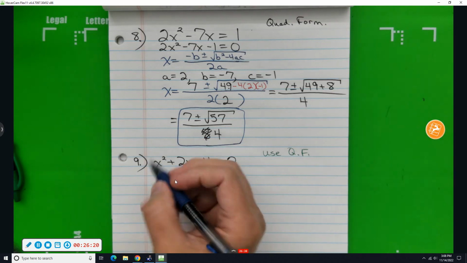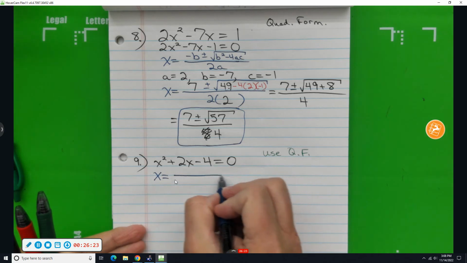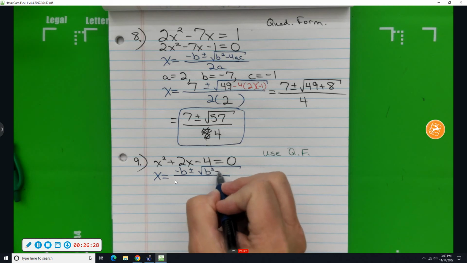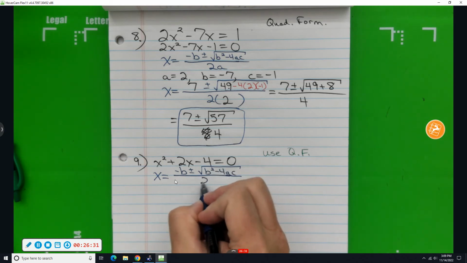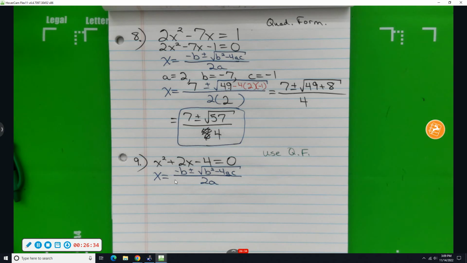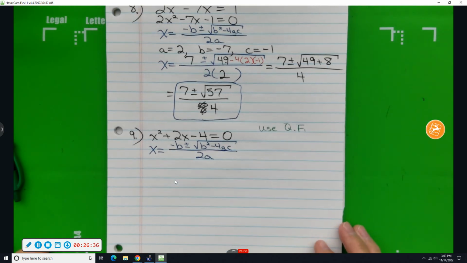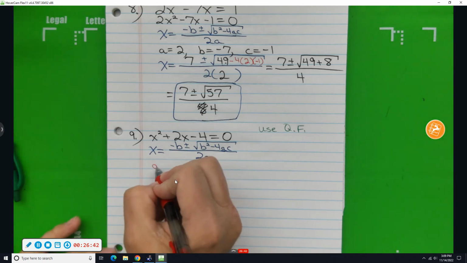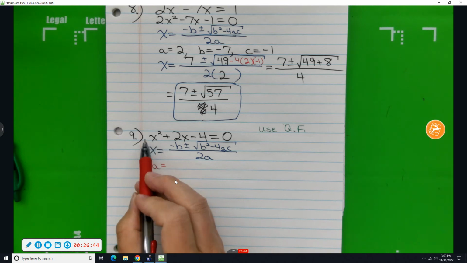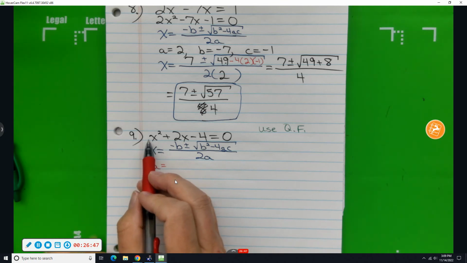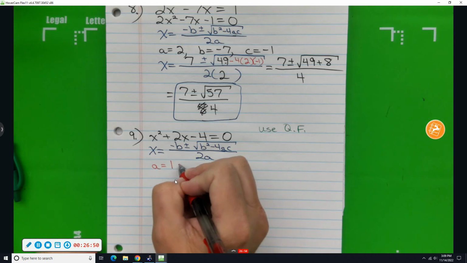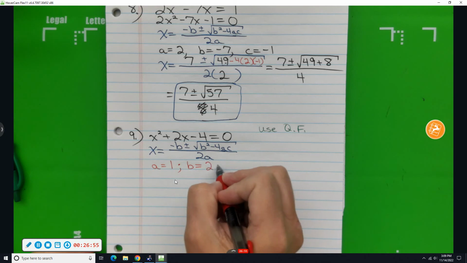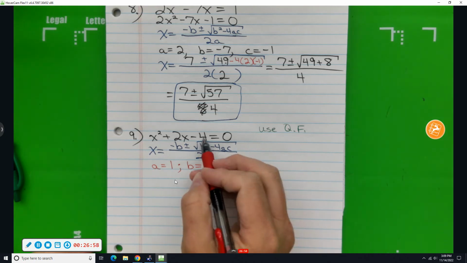We recall the quadratic formula. Let's identify a, b, and c. A is equal to, no, it's not x squared, it's the number in front of x squared. You don't see a coefficient, you assume a positive 1. B is equal to positive 2, c is negative 4.